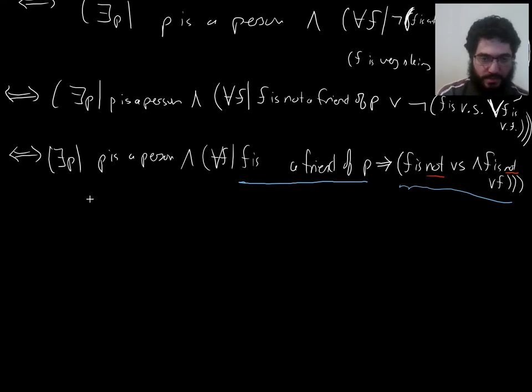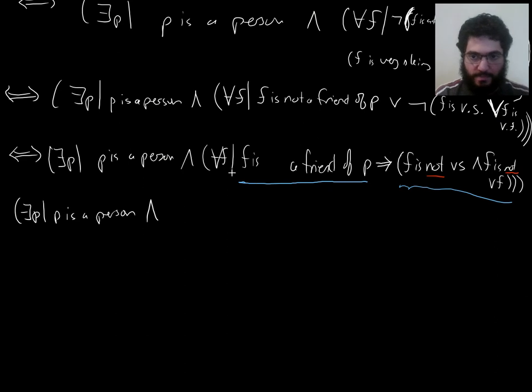So working from the inside, I'm going to keep this stuff the same. There exists P such that P is a person. And then let me express this for all F portion in English. So for all F, if F is a friend of P, then F has this property.